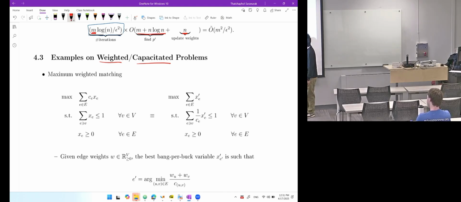And now the only thing you need to ask is, what is the best bang per buck variable when you implement an oracle? So you are given the weights for each constraint. Now it's going to be the weight for each node.